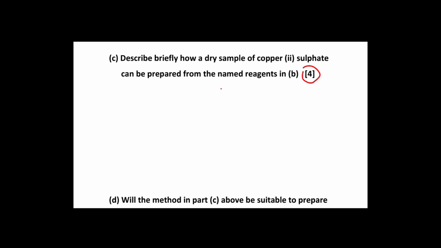Now, when we prepare our product, copper 2 sulfate, we need to convert it to a solid so that we can meet their demand, because they are saying a dry sample, meaning we need to convert the aqueous copper 2 sulfate to solid copper 2 sulfate. What will be the procedure? That is what they are asking for.